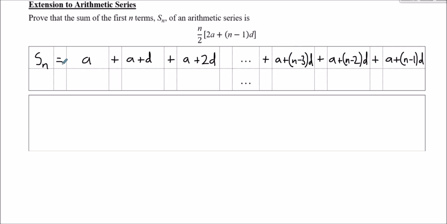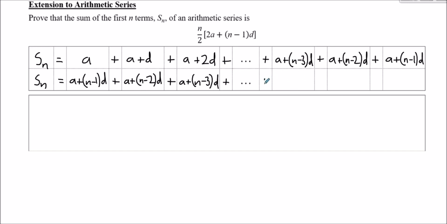Then, like we did before, I'm going to reverse it. Reverse the order entirely. Then this term I'm going to put below A plus D. So I have A plus n minus 2 lots of D. This one, A plus n minus 3 lots of D. And so on and so on.